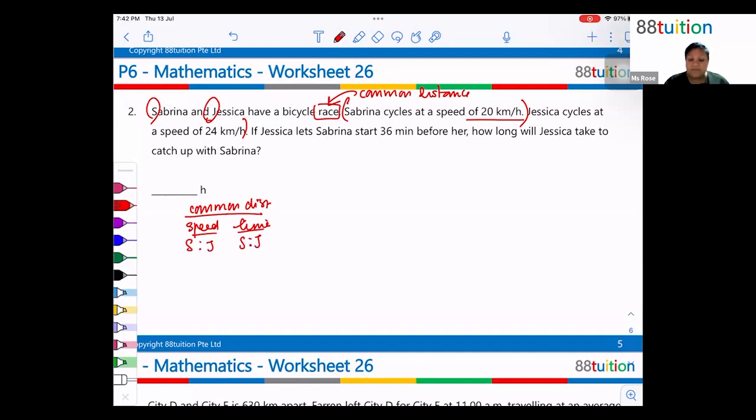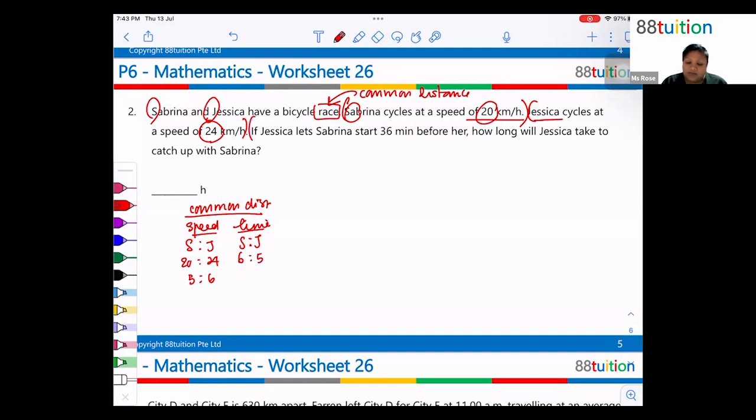The speed of Sabrina is 20 and the speed of Jessica is 24. To simplify this ratio, we have 5:6. So the time taken will be 6:5. This is what we have.